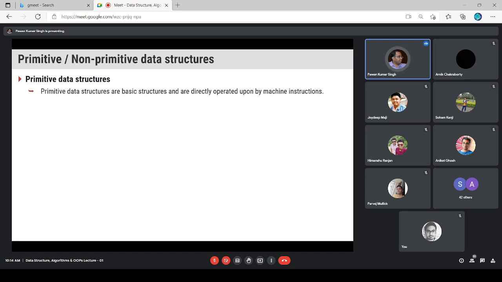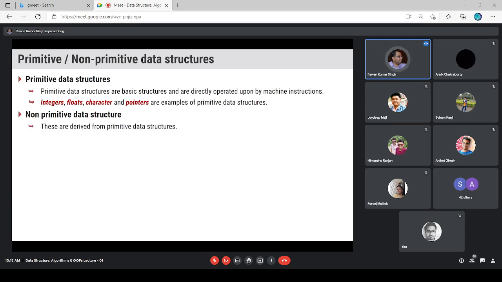Primitive data structures are basic structures which are directly operated upon by the machine instructions, or which are already available for use. They are the basic data structures like integer, float, character, pointers. You have learned about this in your previous semesters.